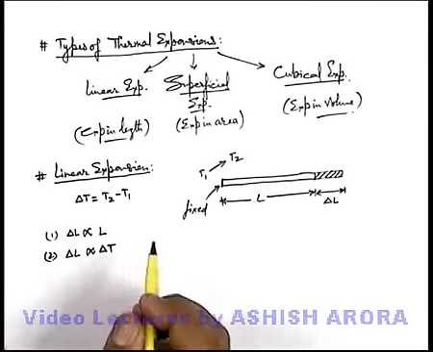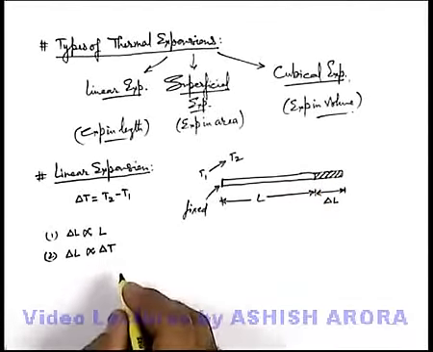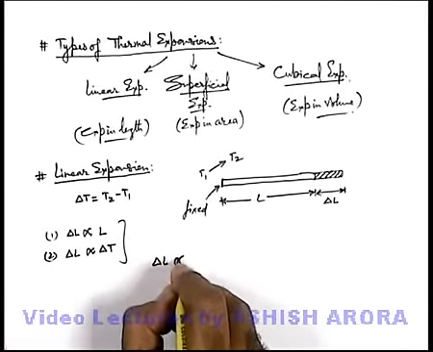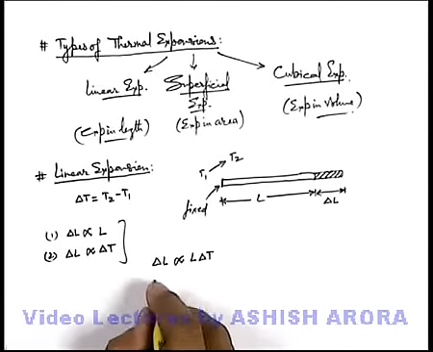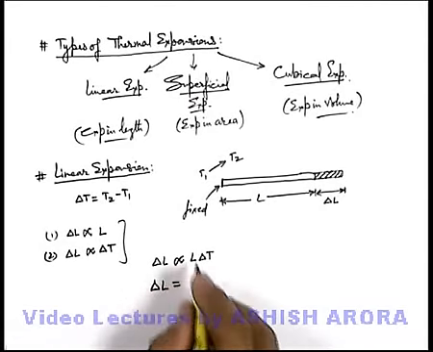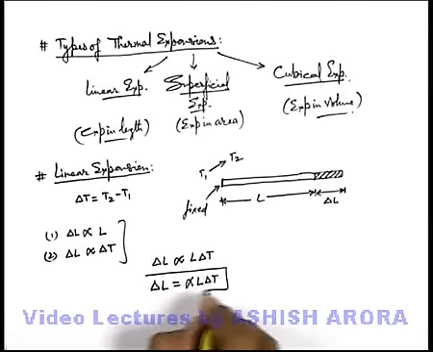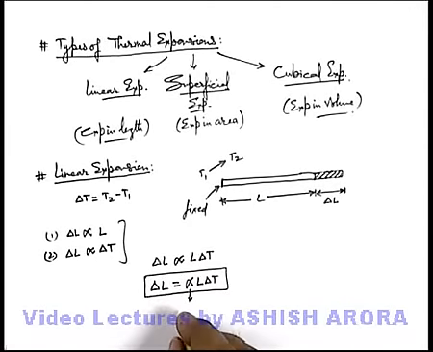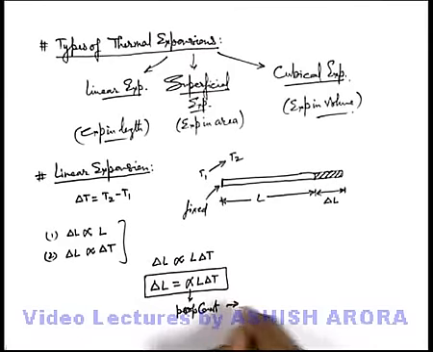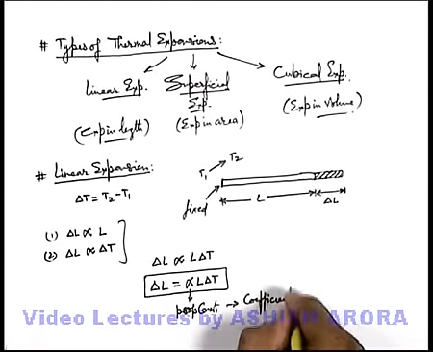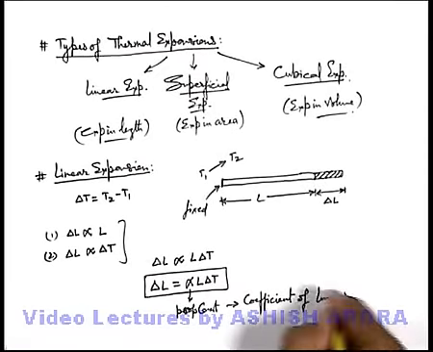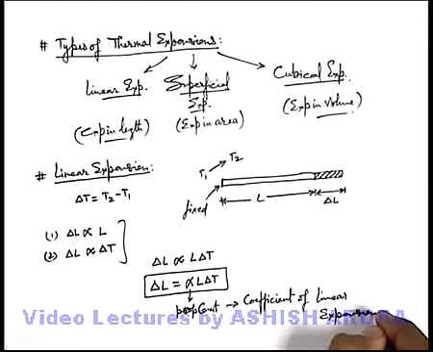For more rise in temperature, more variation takes place, and by combining these two, we can say delta L is directly proportional to L delta T. So here if we transform it into an equality, we can add a proportionality constant alpha: delta L equals alpha L delta T. Here alpha we term as proportionality constant, which is termed as coefficient of linear expansion.